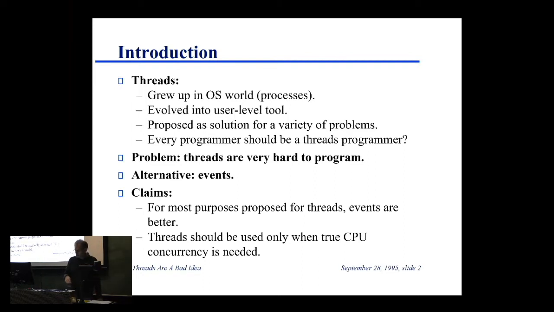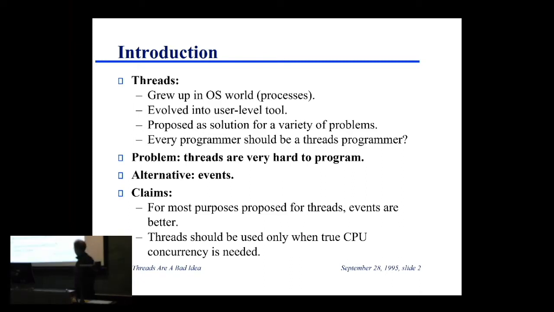Really an operating systems tool for OS writers who were generally gurus. They evolved into a user level tool, and they ended up being proposed as solutions for a variety of problems that I've already talked about: managing concurrent activities, overlapping I/O with execution, and so on. So that basically means every programmer should be a threads programmer.